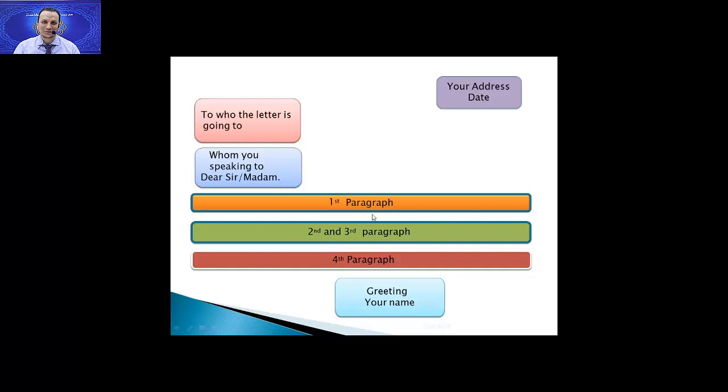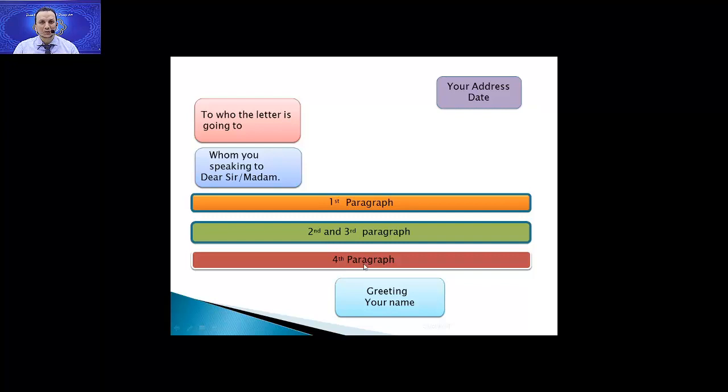Then let's go to the first paragraph. I told you, don't ask about his health or how he or she is. Write directly, "I am writing this email to book a room, to complain about something, to invite you, to thank you," according to the questions on the exam paper. Then in the second and third paragraphs, write more details about the topic itself.